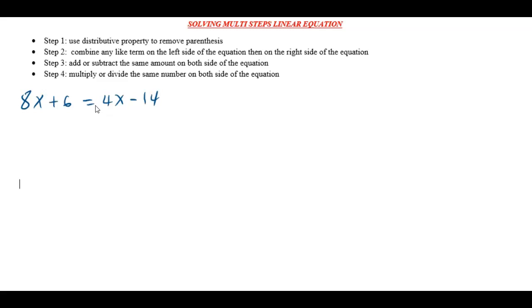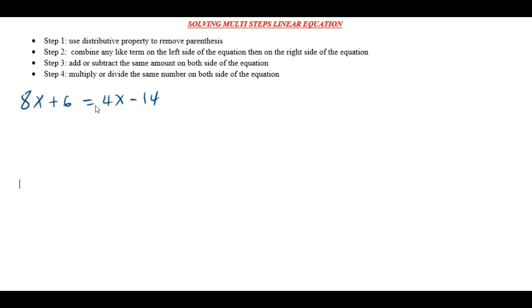So what I can do, step 3, add or subtract. So on the left side, what can I add and what can I subtract? Because the goal is to keep the variable by itself, we need to get rid of that 6 by subtracting 6 on both sides of the equation.